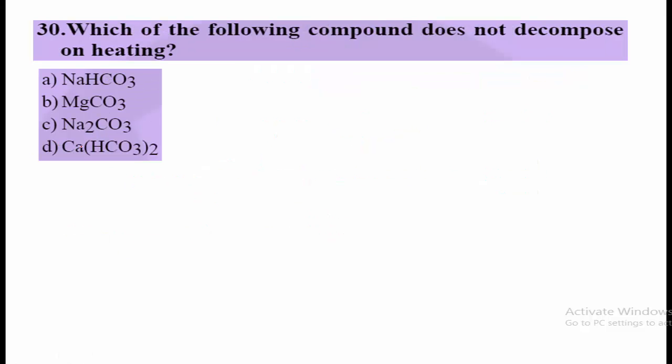30th question. Which of the following compound does not decompose on heating? If you observe NaHCO3, this will easily decompose and form Na2CO3 along with the liberation of water. NaHCO3 on heating, it will decompose to Na2CO3.